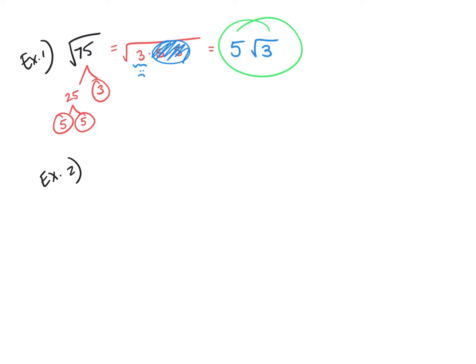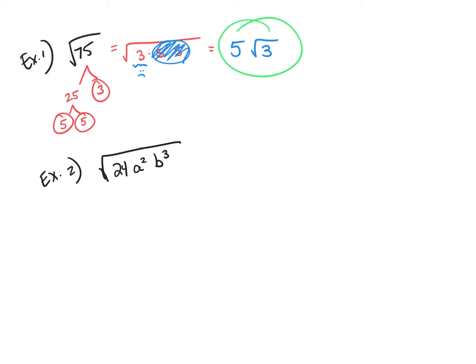Let's do another example. Let's do the square root of 24 a squared b to the 3rd. Now I got some variables in here. Cool.